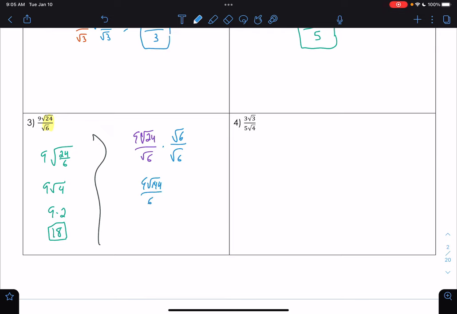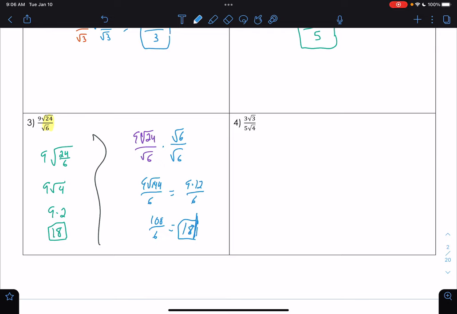Well, square root of 144 is 12, so this would be 9 times 12 over 6, which 9 times 12 is 108. 108 divided by 6 is 18. Okay, sorry for the wonky pen there. So it's still going to give us the same answer there, okay? But it's just through rationalizing.